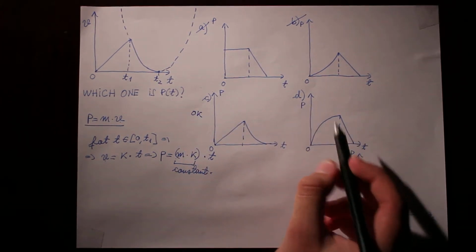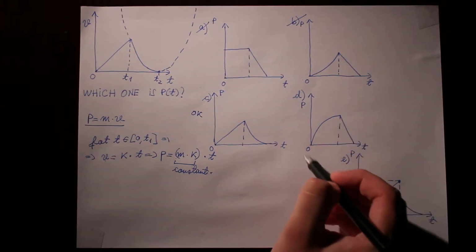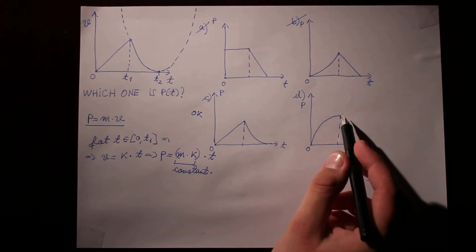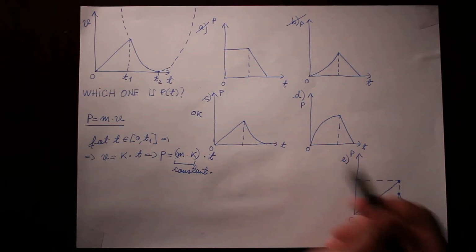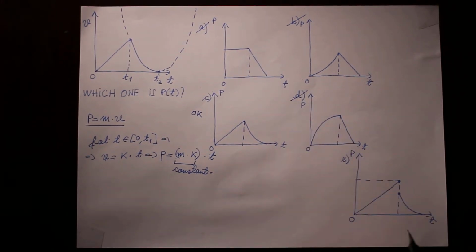Now, option D. This is kind of an interesting graph. It's a curved line which goes through the origin, so it's not a straight line, and this one is false.